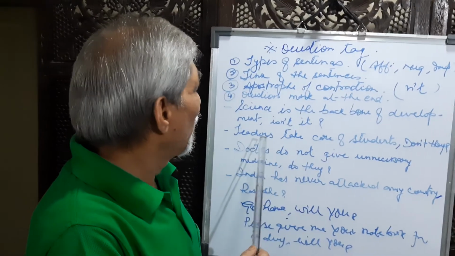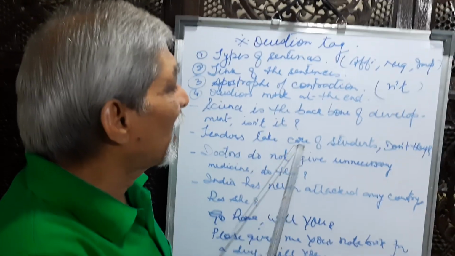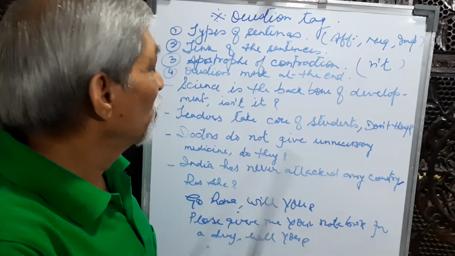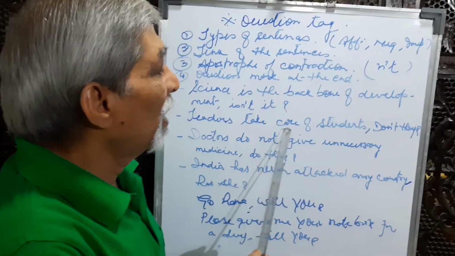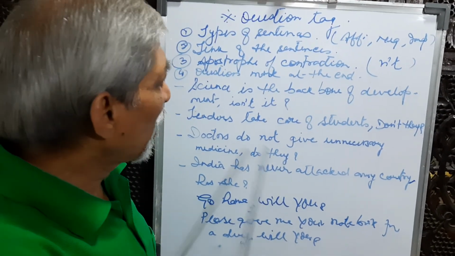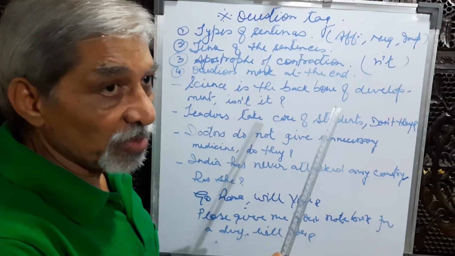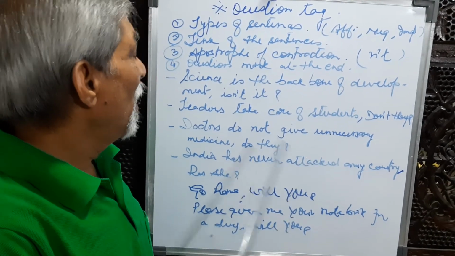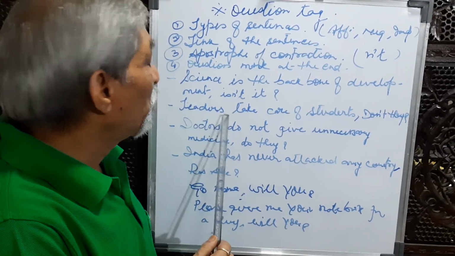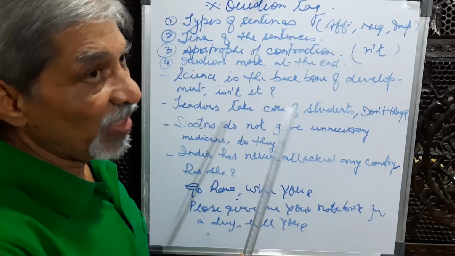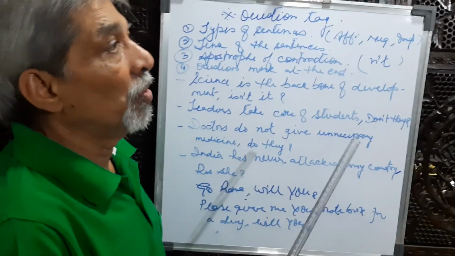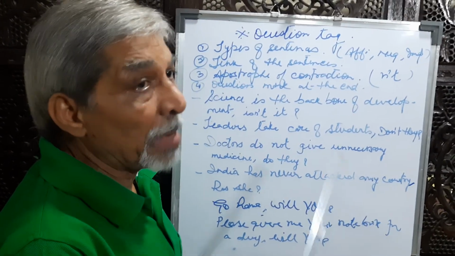Suppose another sentence, teachers take care of students. Again a simple present tense sentence, and the subject is plural in number. We always decide the auxiliary verb according to the number of the subject.